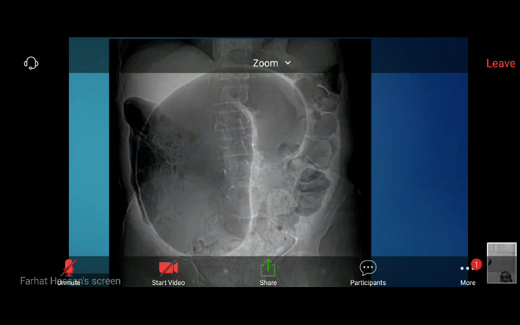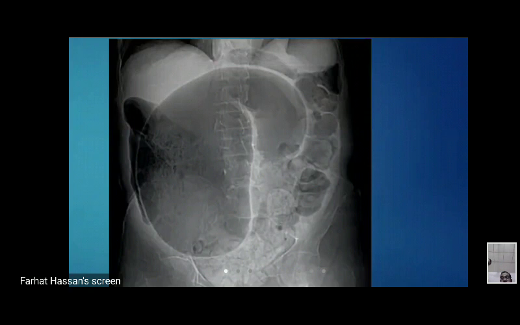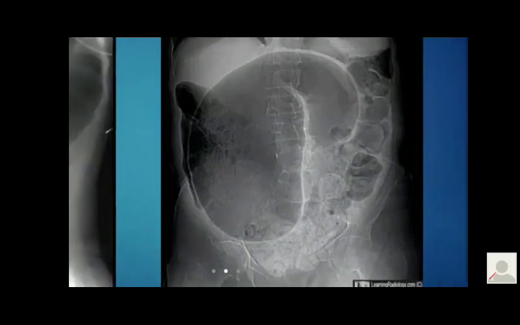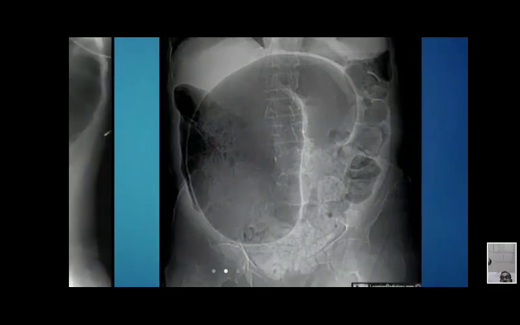So what is your radiological diagnosis? Sigmoid volvulus. Already it is given. It is the sigmoid volvulus. So what is volvulus?